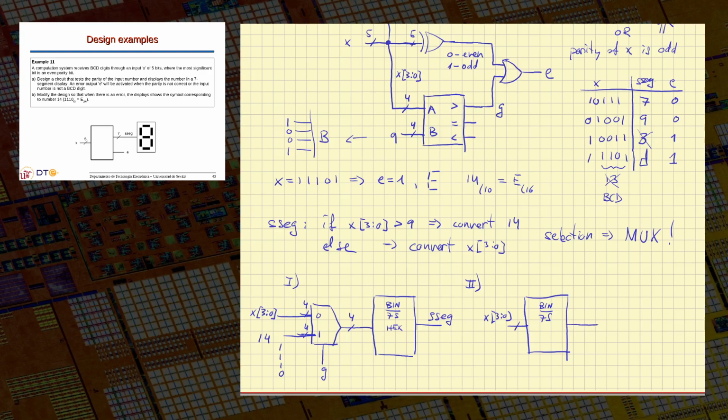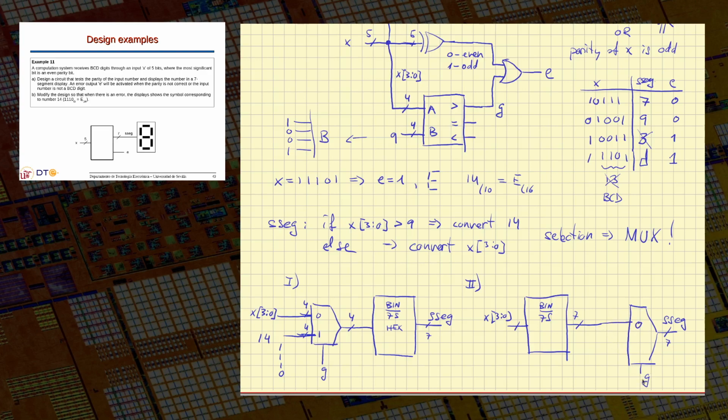We have the conversion for the correct number. We have 7 bits here, 7 bits here, and now I will select this or the other option depending on the result of the comparison. So this will be our 7-segment output, 7 bits. I will select depending on G.